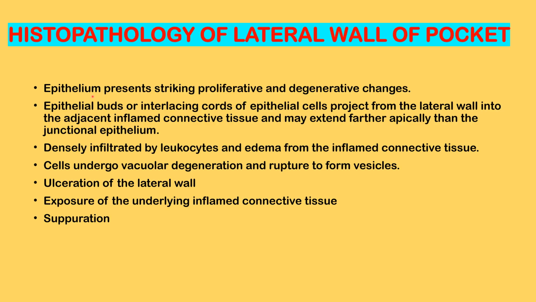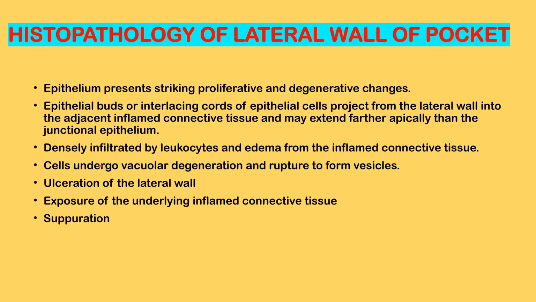Coming to the histopathology of the lateral wall of the periodontal pocket, the most severe degenerative changes are seen in the lateral wall, with the presence of epithelial buds or interlacing cords of epithelial cells which project from the lateral wall into the adjacent inflamed connective tissue and extend more apically than the junctional epithelium.